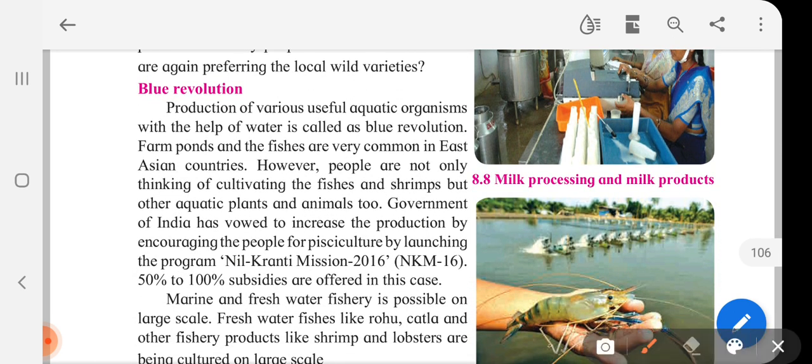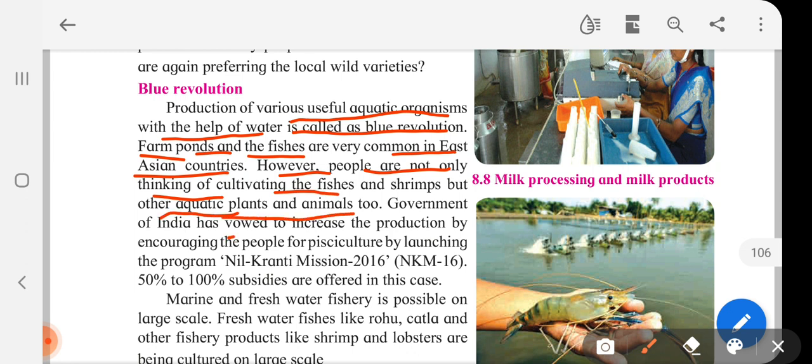Blue Revolution. Production of various useful aquatic organisms with the help of water is called the Blue Revolution. Farm ponds and fishes are very common in East Asian countries. However, people are not only thinking of cultivating fishes and shrimps but other aquatic plants and animals too.